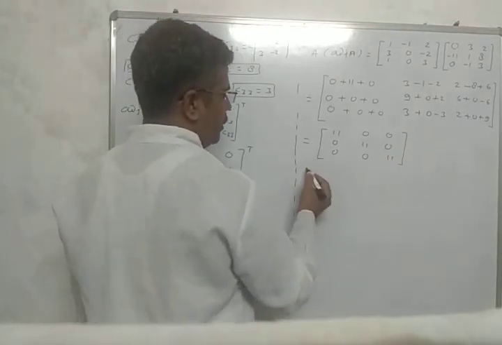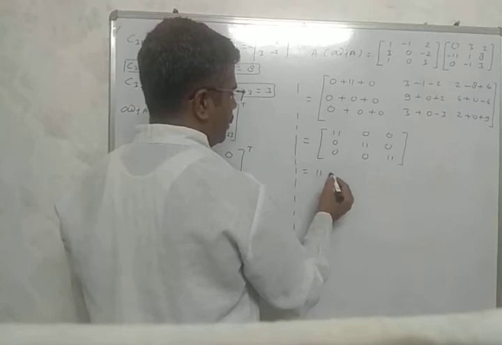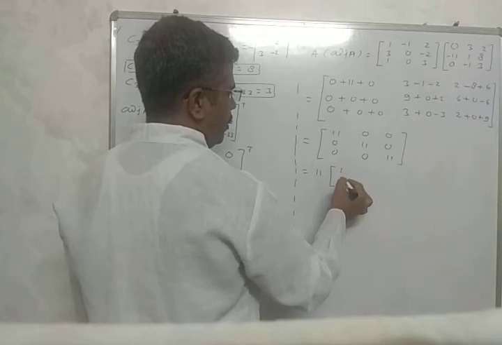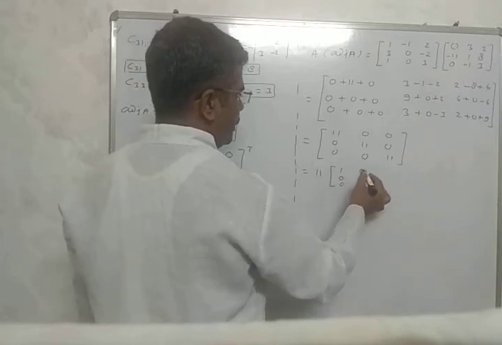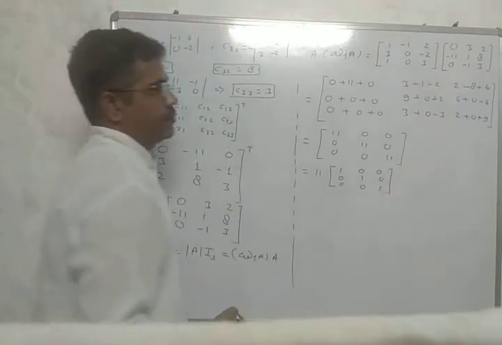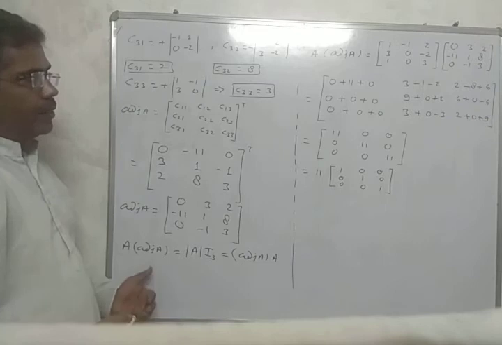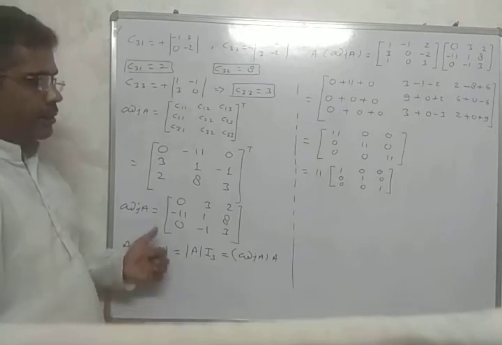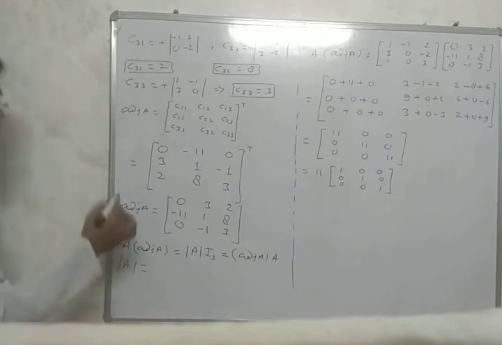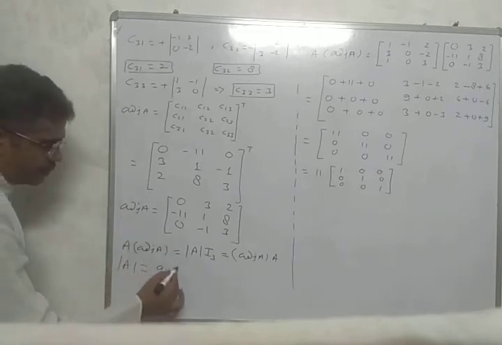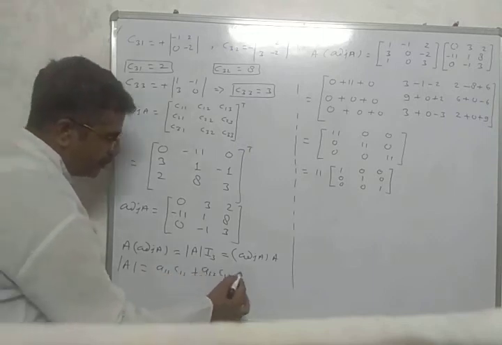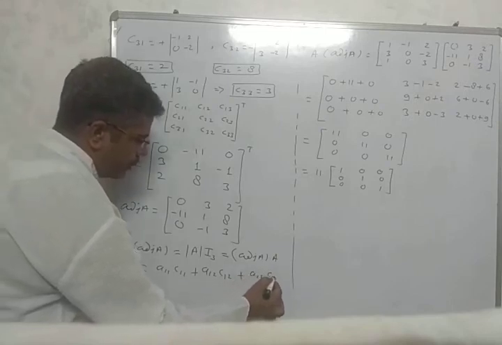We take 11 common. We have 1, 0, 0, 0, 1, 0, 0, 0, 1. We find the value of the determinant, given by A11 into C11 plus A12 into C12 plus A13 into C13.